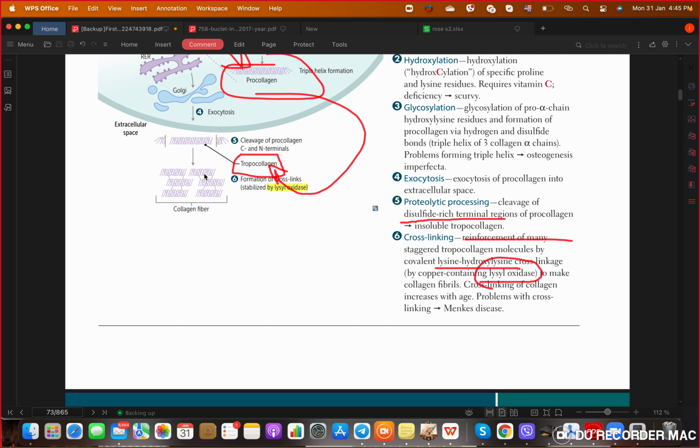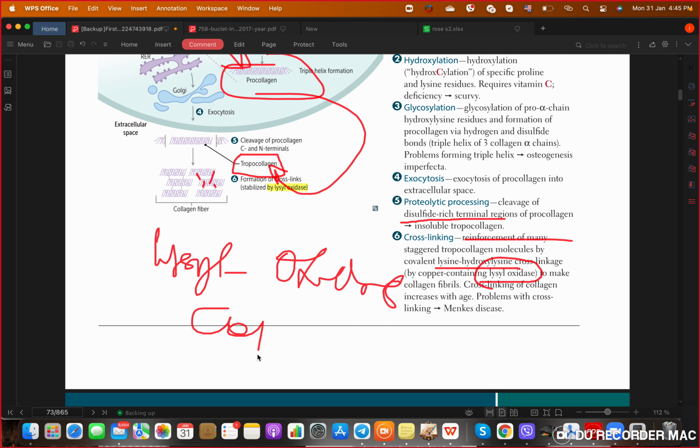So to make this bond, you need lysyl oxidase, an enzyme really important in relation to one disease. And this enzyme requires copper to work, okay?